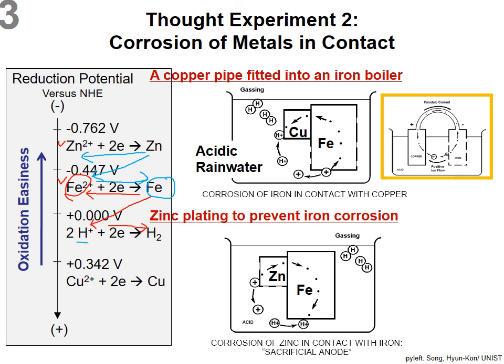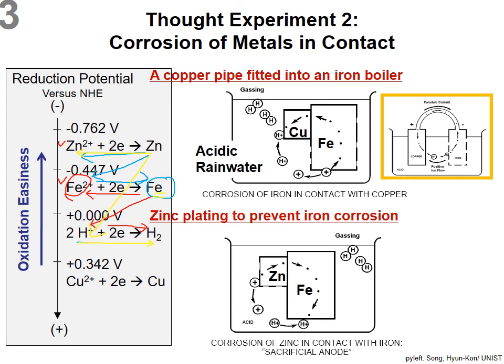I have explained this situation as two steps, but I can say proton is reduced to H2 by getting the electron from zinc, and zinc is going to Zn2+. So we can protect the Fe.